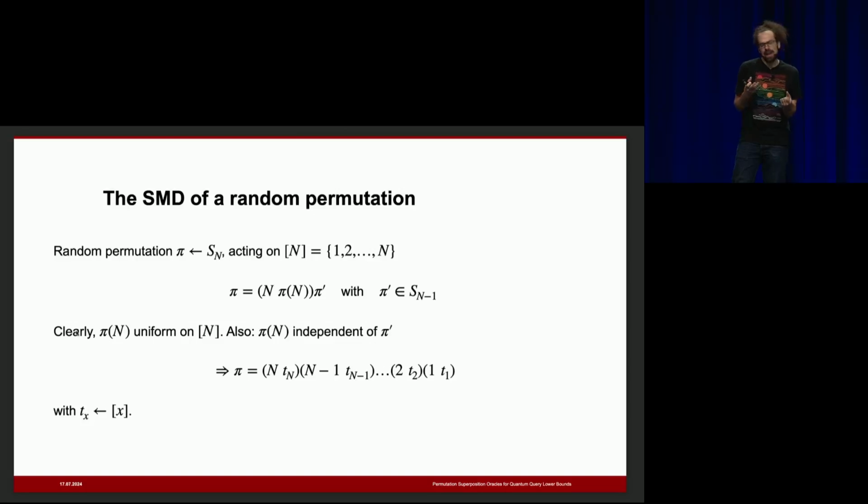You can see this by observing that pi prime is basically a permutation of the remaining domain of the permutation, mapping that remaining domain into the remaining range that's taken care of by the transposition. So again, by this recursion, we can observe that we have now decomposed the permutation pi into independently random transpositions.